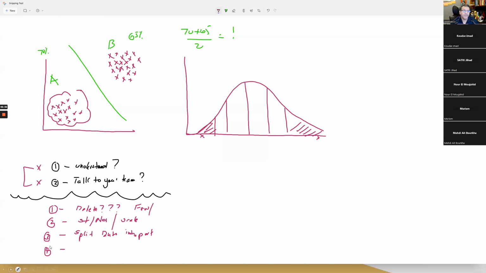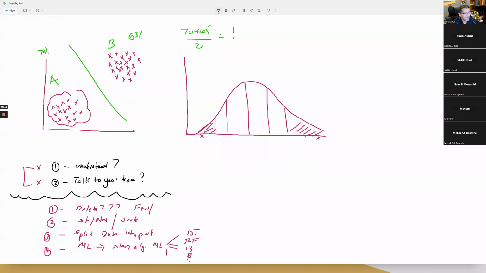What else you could do? ممكن نستعملوا machine learning that don't care, non-algebraic algebraic machine learning. بحالاش decision tree, random forest, bagging, boosting, etc. These models, they really don't care if you have missing values, they don't care if you have outliers.